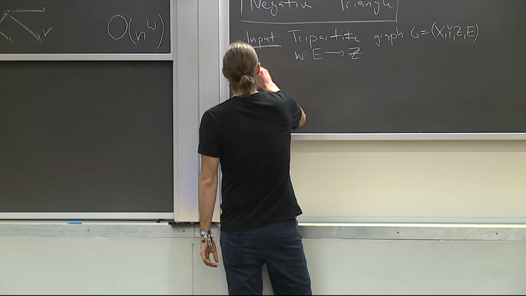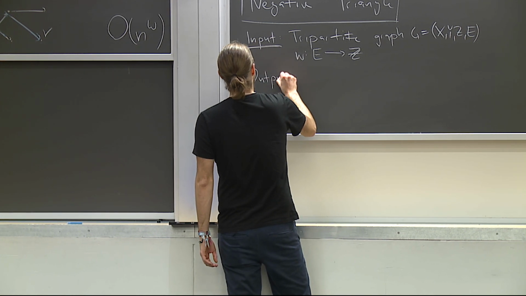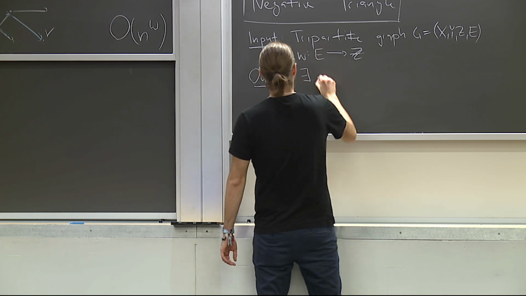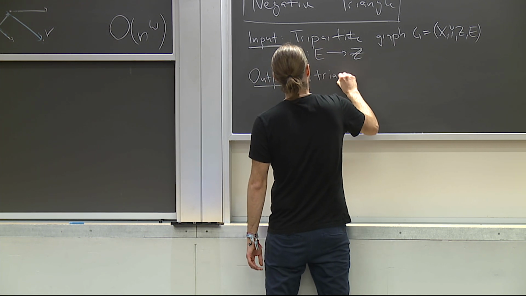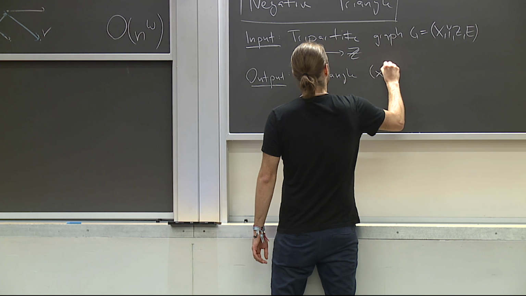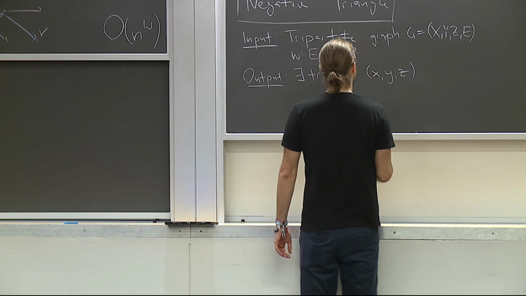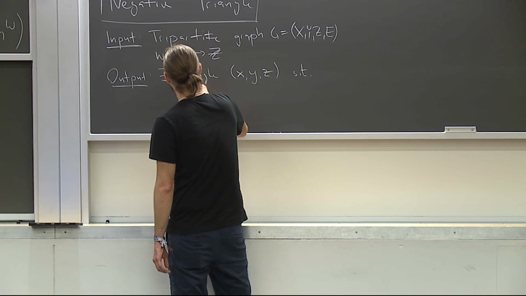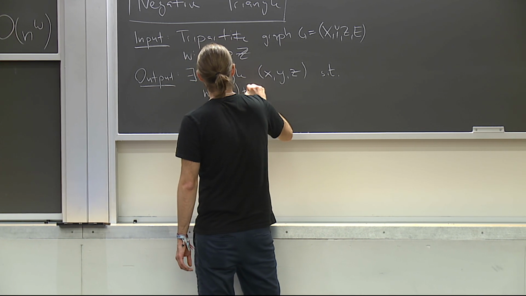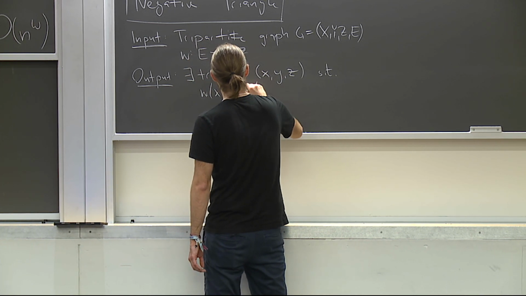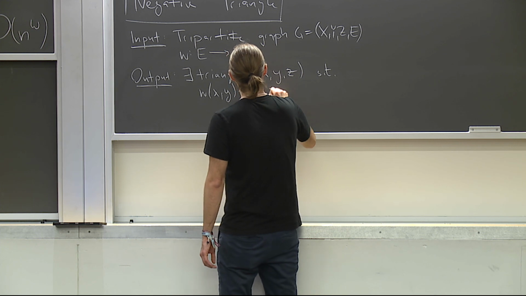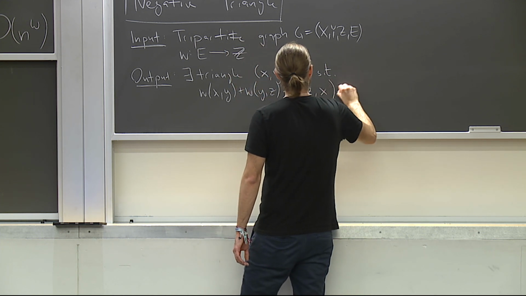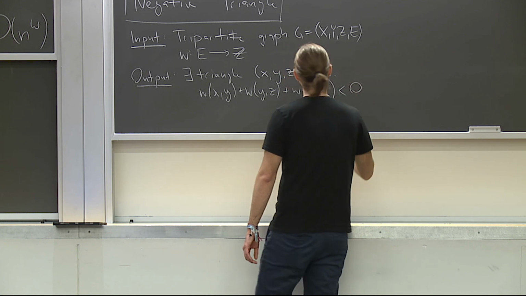The output: is there a negative triangle? So is there a triangle x, y, z such that the weight of the edge xy plus the weight of the edge yz plus the weight of the edge zx is negative?